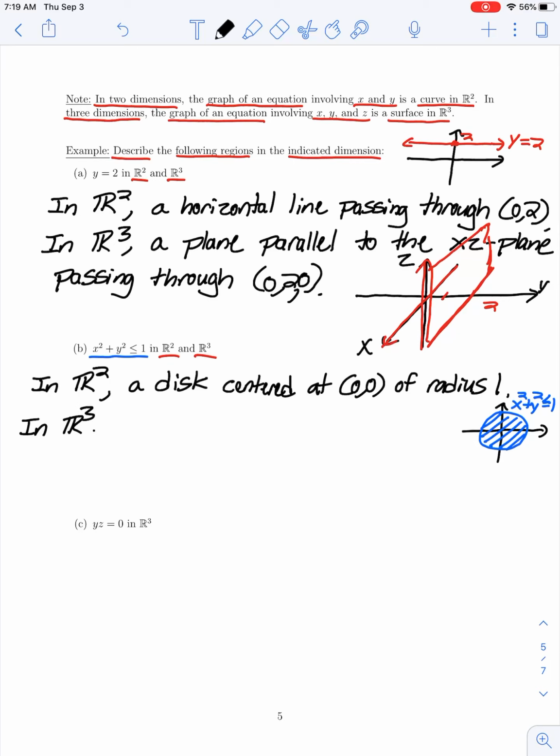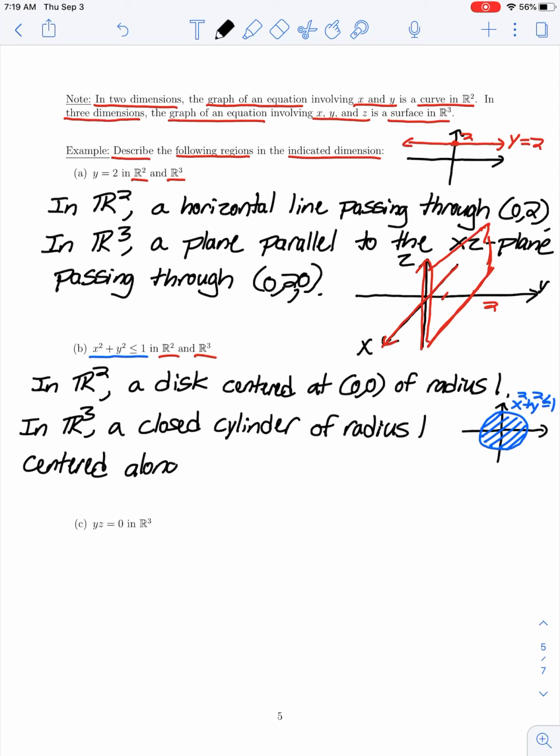In R3, we would have a closed circular cylinder, to be more precise, of radius 1, centered along the z-axis.